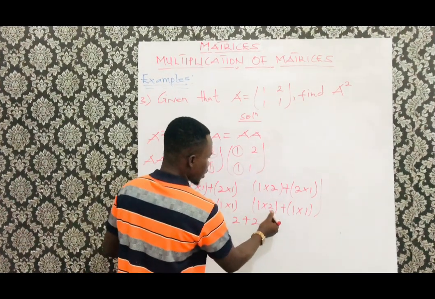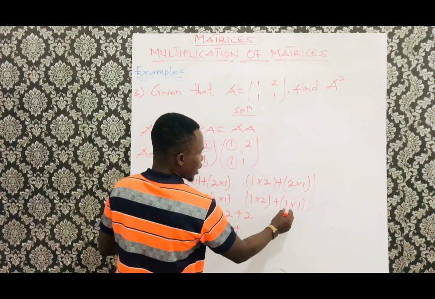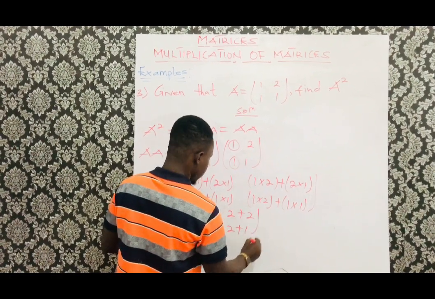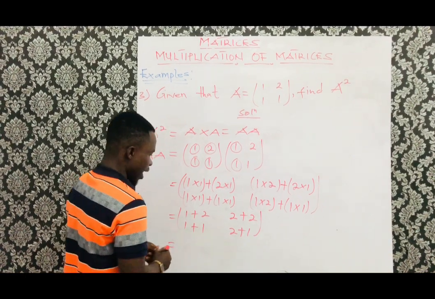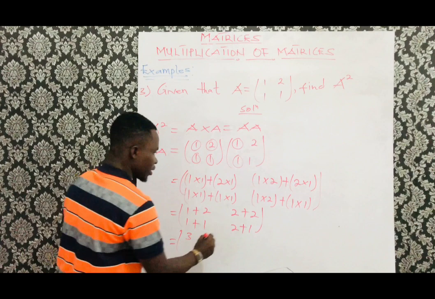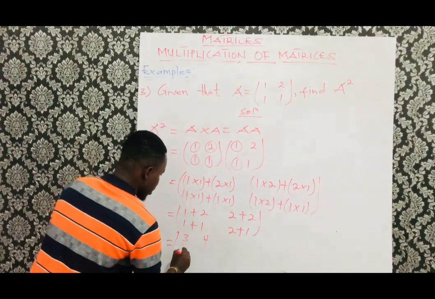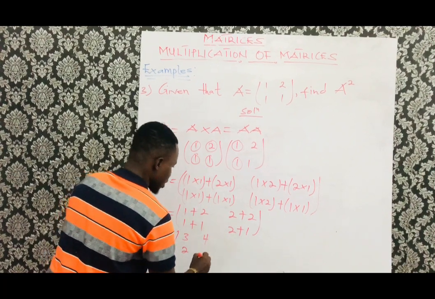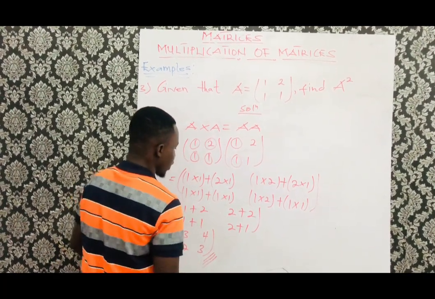When it comes here, 1 times 2 gives us 2 plus 1 times 1 gives us 1. And from here, we add. So we have 1 plus 2 gives us 3. 2 plus 2 gives us 4. 1 plus 1 gives us 2. 2 plus 1 gives us 3. Therefore, this becomes our A square.